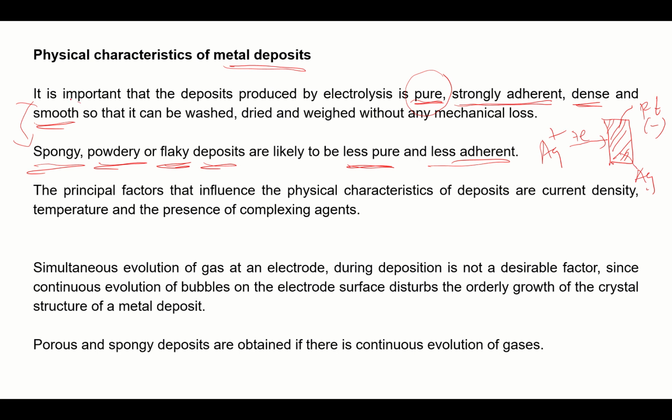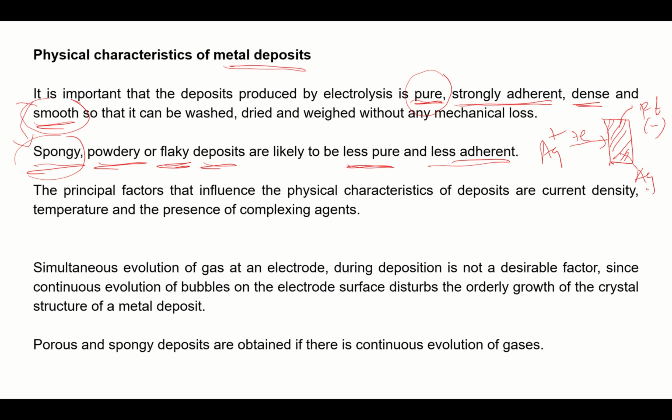And the morphology is very dense and smooth. But if you get a silver deposit which is spongy, powdery or flaky, it could be less pure and less adherent to the platinum. It can easily be removed from the platinum substrate.